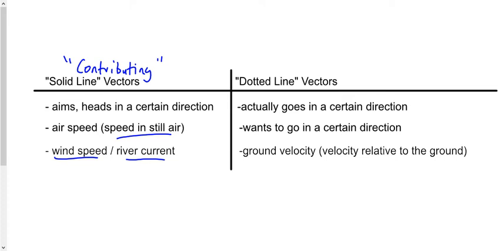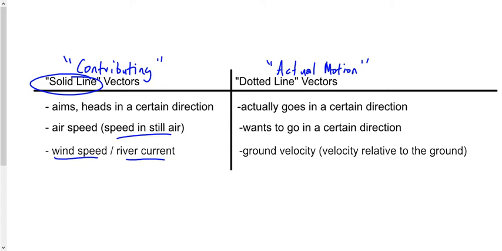All of these things contribute to the actual motion, and hence I make them solid line vectors. As opposed to these dotted line vectors, which really are our actual motion vectors, it's the solid line vectors that contribute to those dotted line vectors or the actual motion.